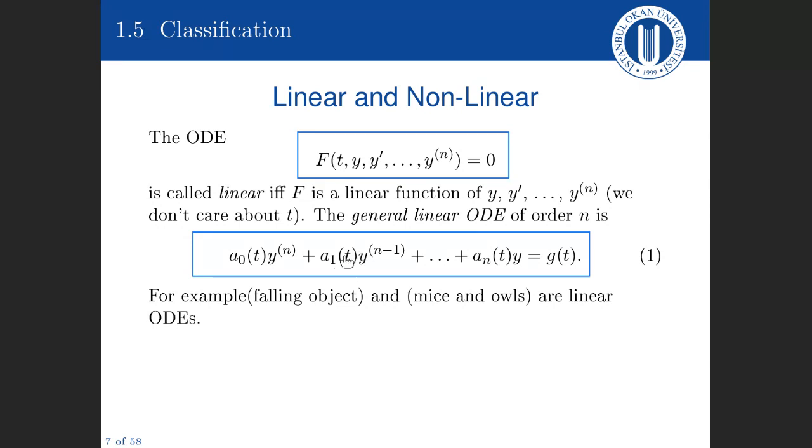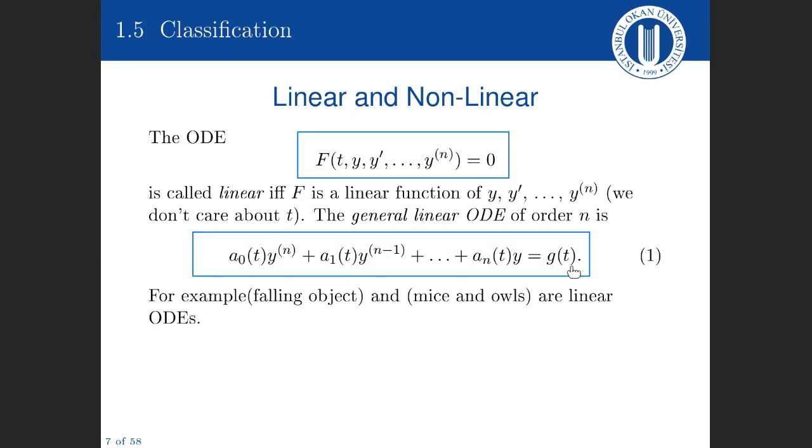Some function of t could be any function, doesn't matter. And then there's just one y. And so on. We always have a function of t, could be any function, but then there's just one y on its own. Nothing more complicated, just a y term, equal to some function g of t.